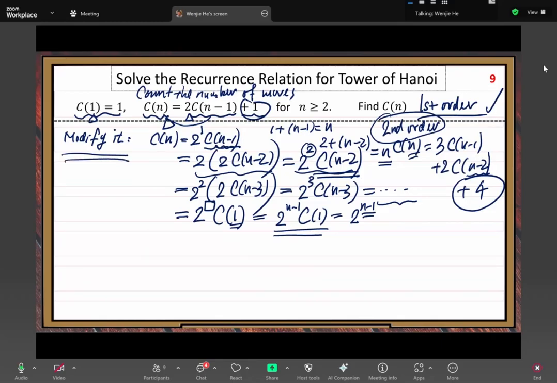After we find the solution, now we need to go back to the original problem. Because our goal, we need to solve the original problem. All right. So let's go back to the original problem. This time we add that 1 back.